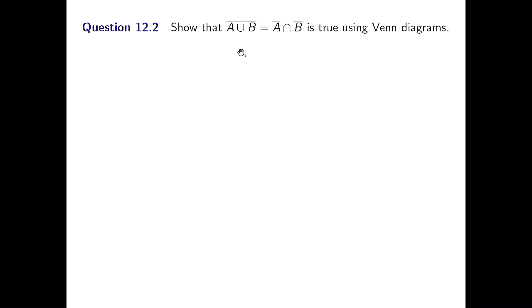Okay, so question 12.2 asks us to show this is true using Venn diagrams. What logic law does this remind you of? Absolutely, this is a De Morgan's law type situation, right? We're saying complement, which is kind of like not, of a union, which is kind of like or, is the intersection, which is kind of like the and of the complements, of the nots. So this is what A union B looks like. This is what A union B complement looks like.